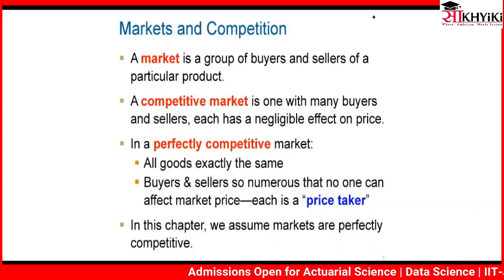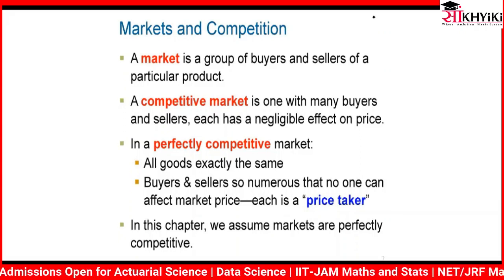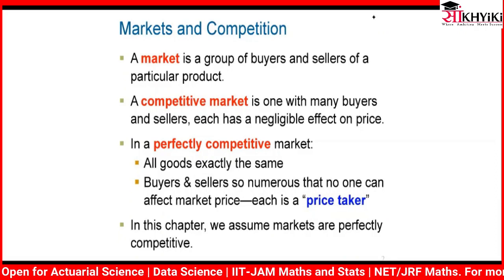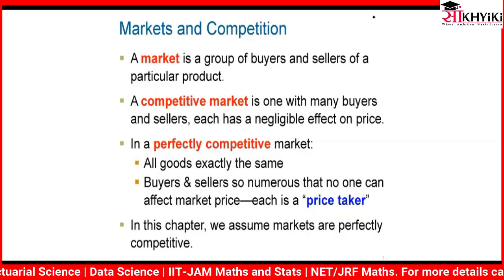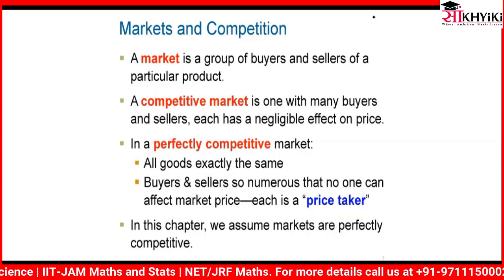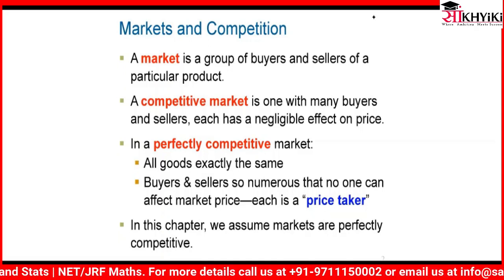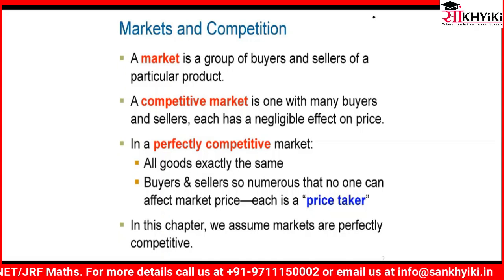A competitive market is one where you have buyers and sellers, but now the thing is that there are so many buyers and so many sellers that any particular individual seller or any particular individual buyer has negligible effect on price.